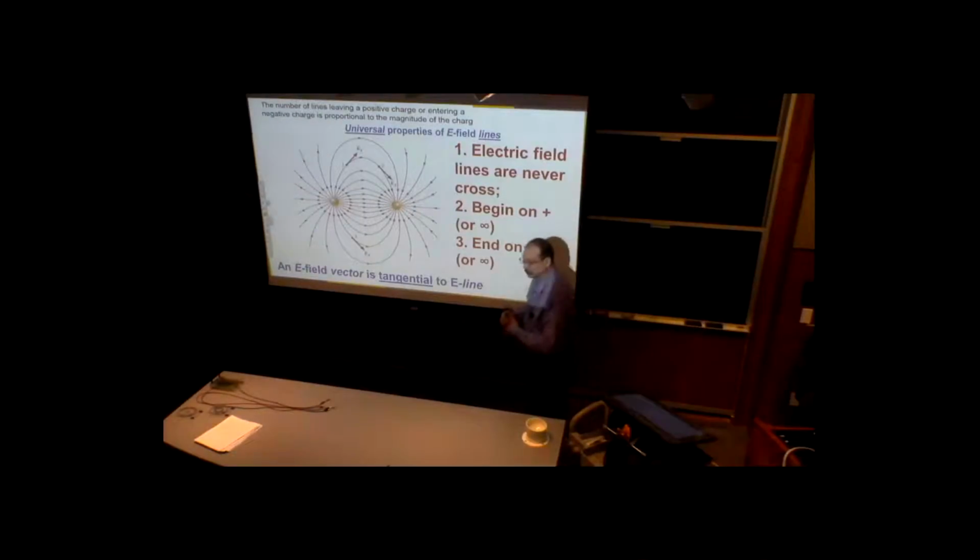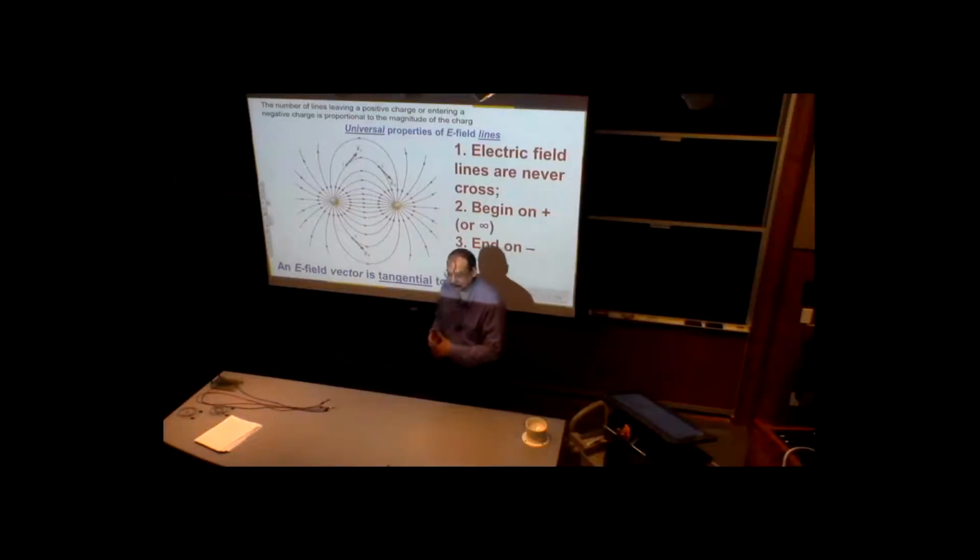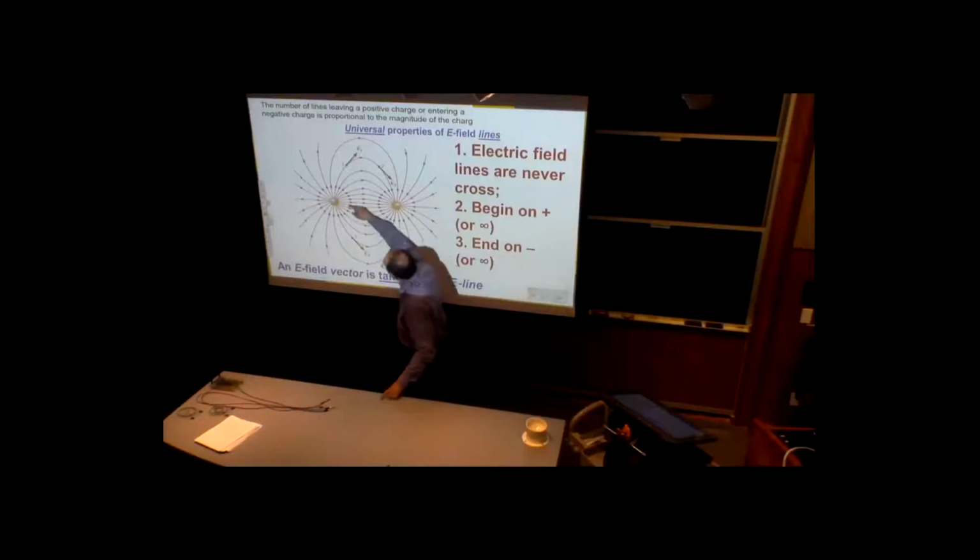If they would cross, that means at the same point we would have 2 different net electric fields. That's impossible. Now, when electric field is strong, we can see more lines per centimeter.